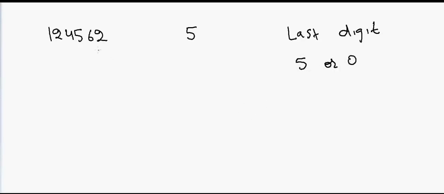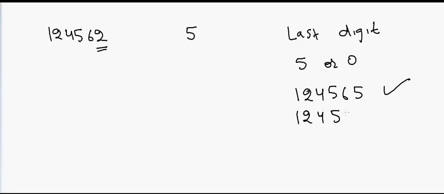In this case it's not, so it is not divisible by 5. So if I would have 1 2 4 5 6 5, then it would be, or if I would have 1 2 4 5 6 0, then it would be, but not in this case. So we know this now.